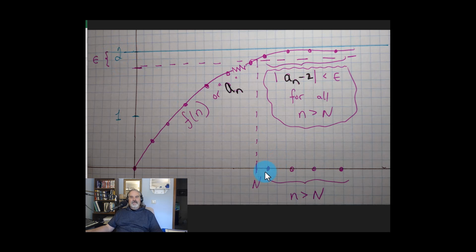I can then find a location on the horizontal axis which will ensure that as long as I'm picking my n's or my x's from beyond that threshold, then every result that I get for the values of this sequence or this function are going to be, quote unquote, that close by epsilon to 2.